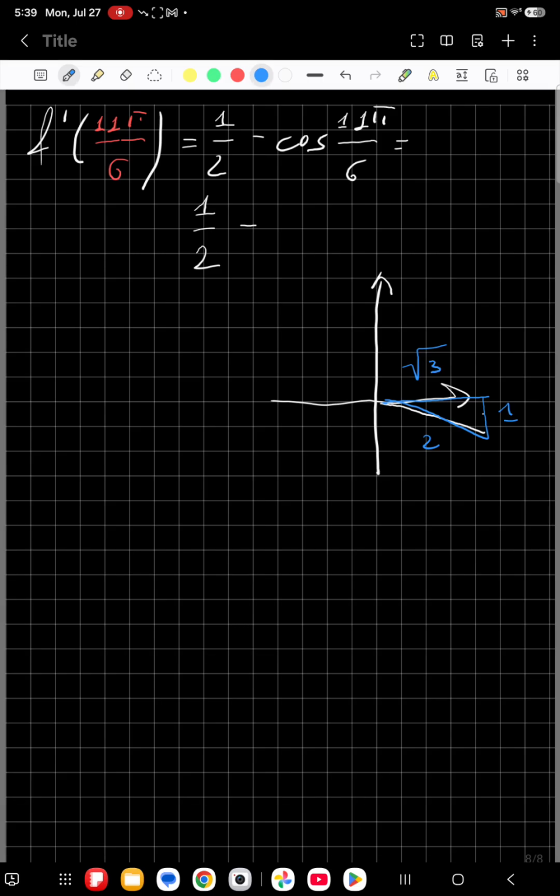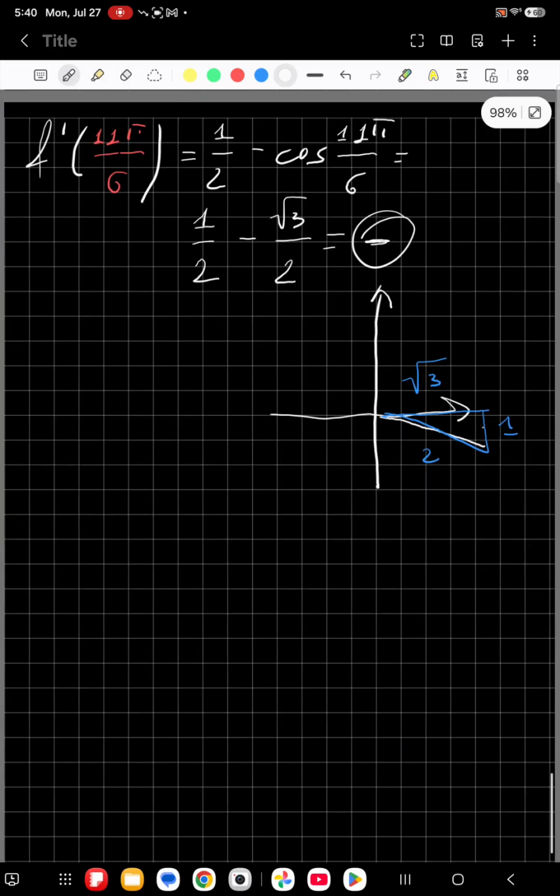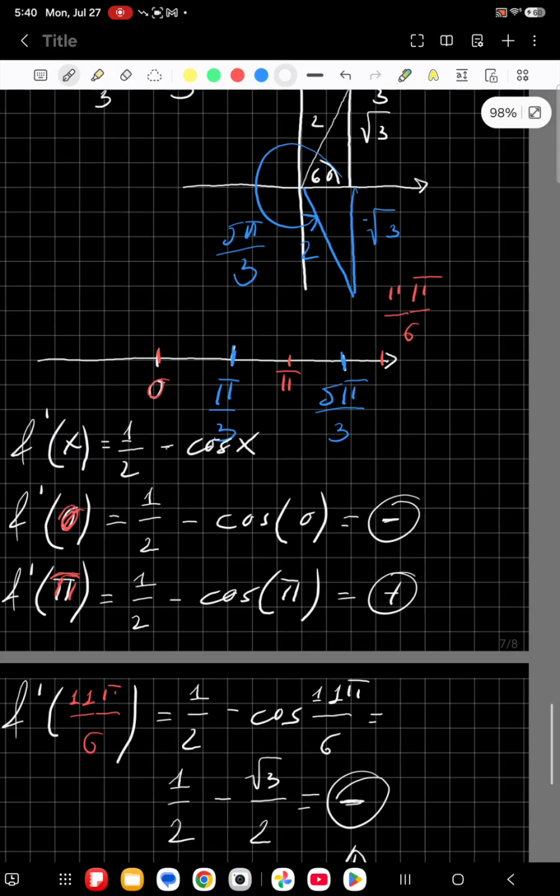Okay, so cosine was adjacent over hypotenuse, so that's positive radical 3 over 2. Okay, so radical 3 over 2 is bigger than half, so that's going to be negative. I forgot about that number line.